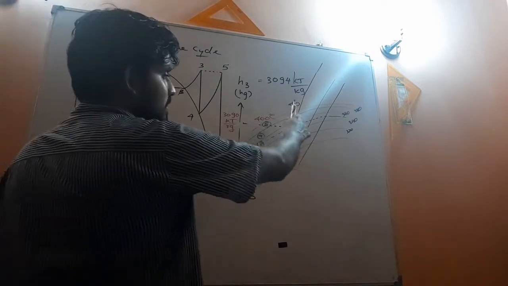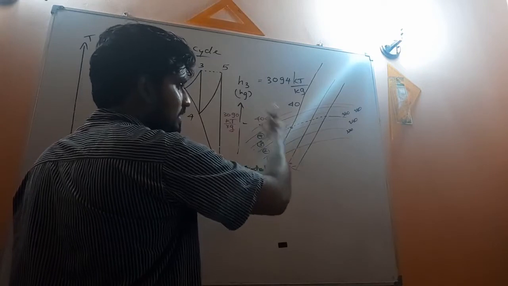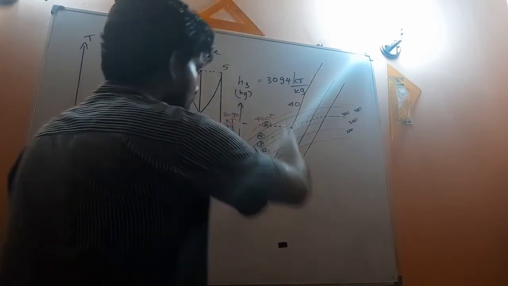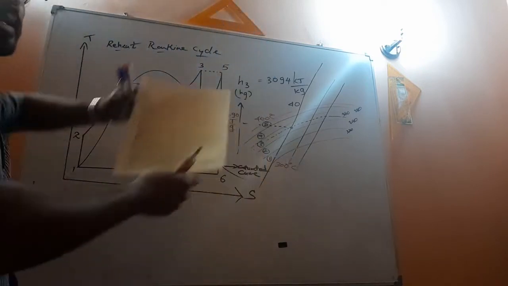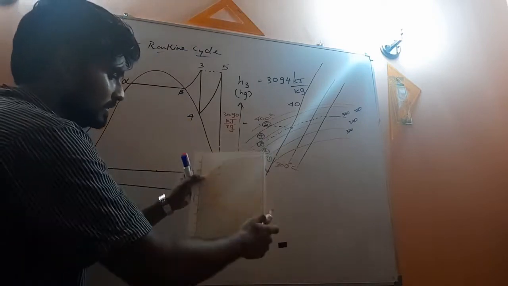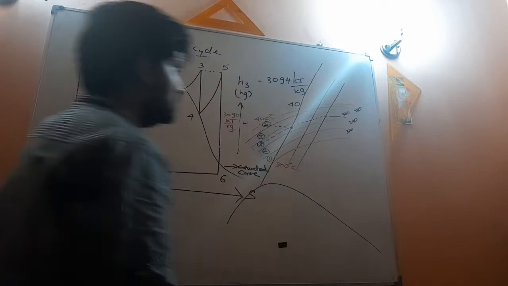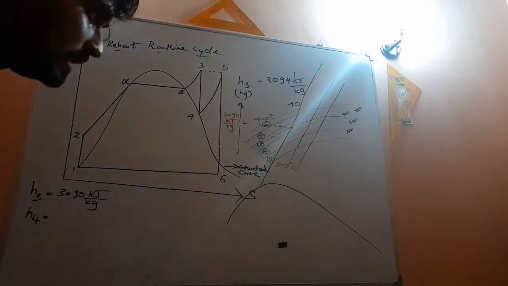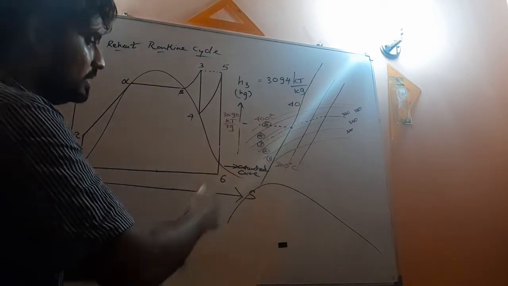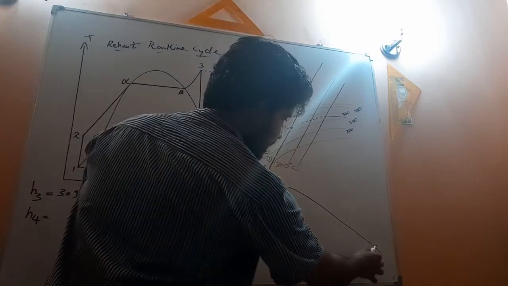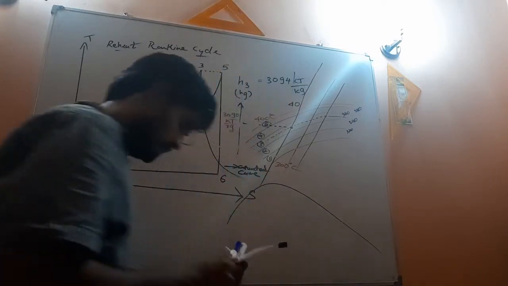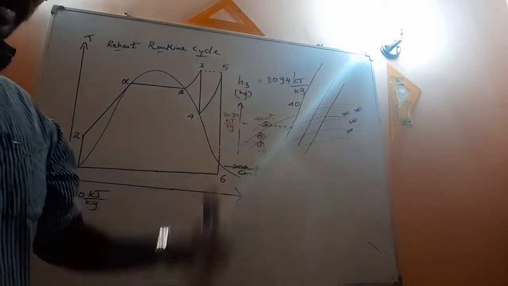So from this point, I told you there is an intersection point, and below this, if you refer to the HS chart, we have the saturated curve that is sketched in black color in my table.